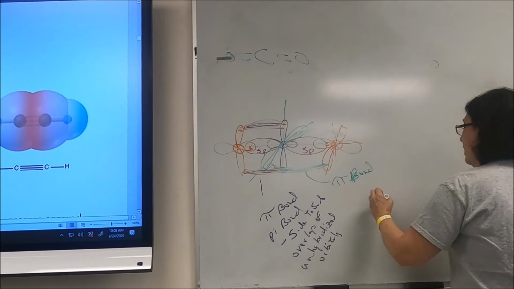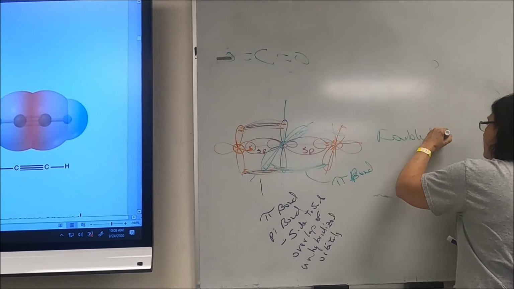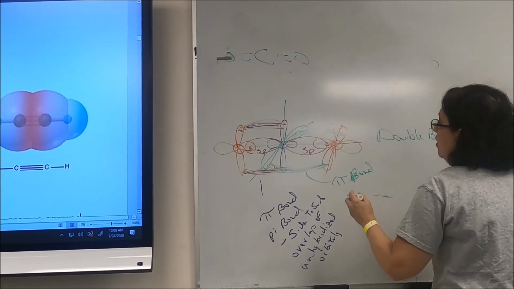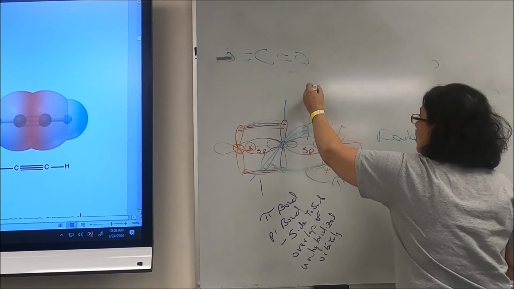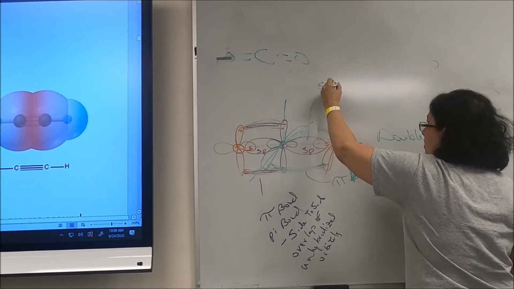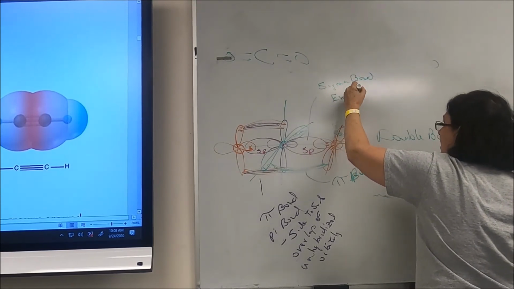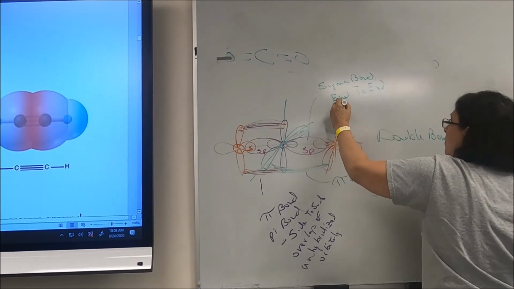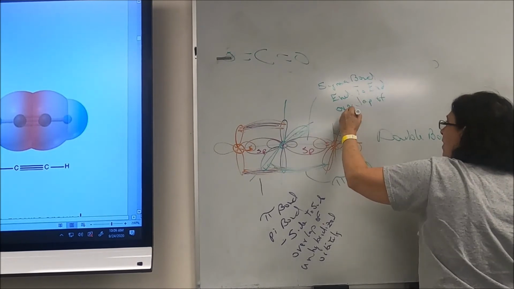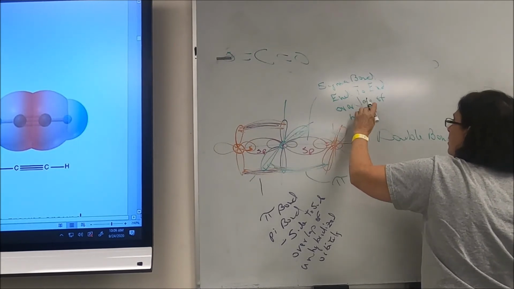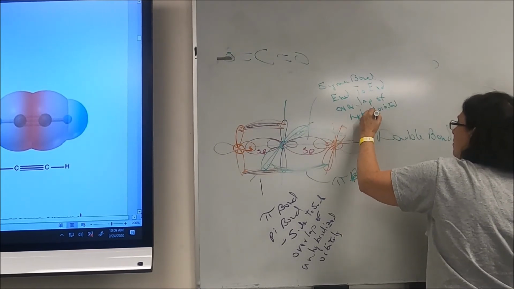Okay? So in a double bond, okay, the first bond between two atoms, because of end-to-end overlap, is called a sigma bond. So it's end-to-end overlap of hybrid orbitals for the central atom.